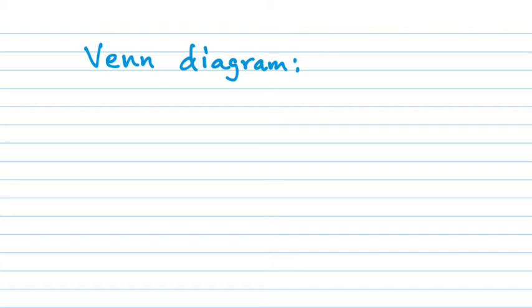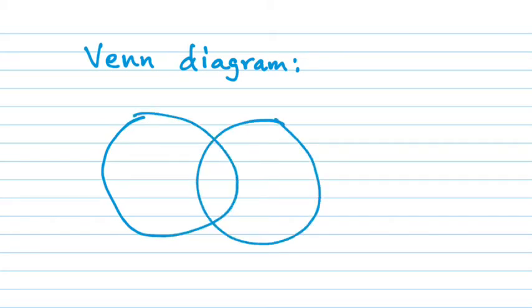Venn diagrams are simply sets of circles, and the data is written inside those circles. Now, what do you notice about these two circles? What do you notice about right here? Yeah, so they've overlapped. That section represents the items that are in both sets.